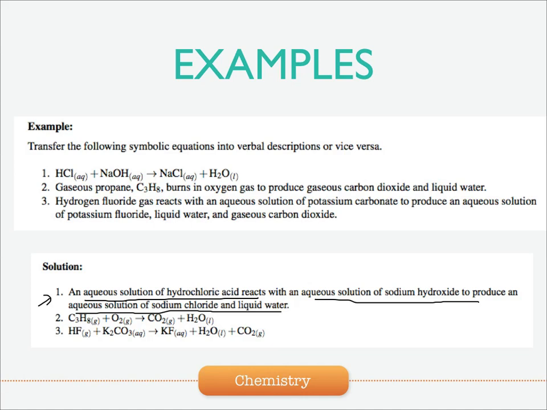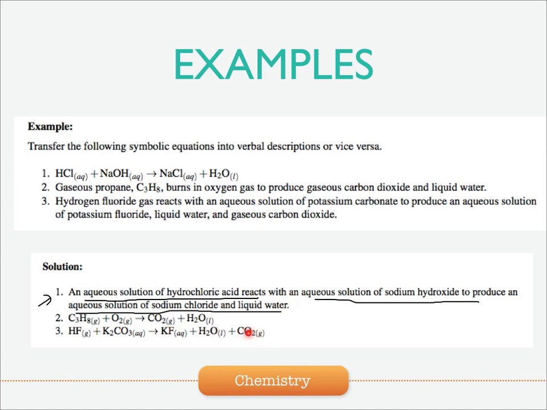And on the other ones, you can see we've got C3H8 gas plus O2 gas yields CO2 gas and H2O liquid. And the last one, the hydrogen fluoride gas, HF, plus K2CO3 aqueous, yields KF aqueous plus H2O liquid plus CO2 gas.